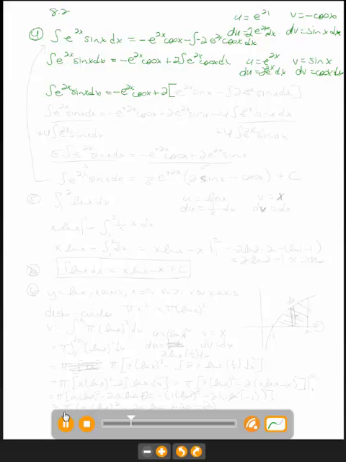So this integral is going to become uv minus the integral of v du, close the brackets, rewrite it again, and that's going to give me negative e to the 2x cosine of x. I'm going to distribute that 2. I'm going to pull the 2 out of the integral with the 2 that I'm distributing, so 4.